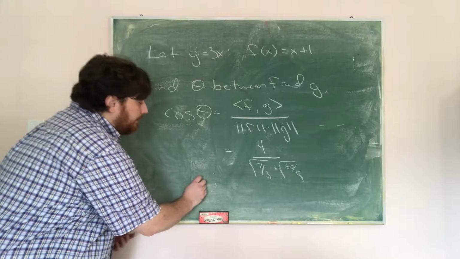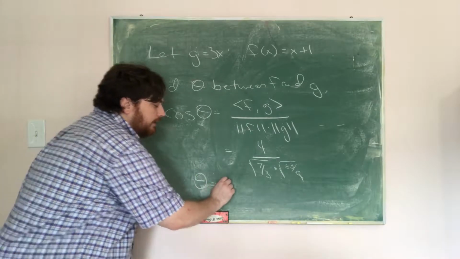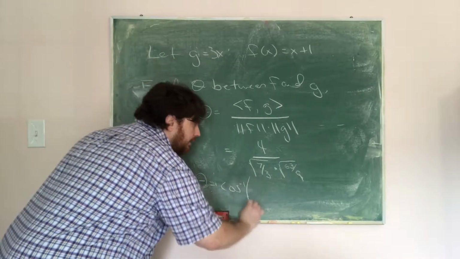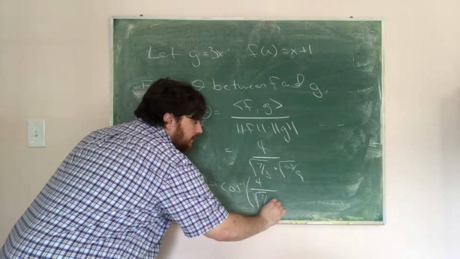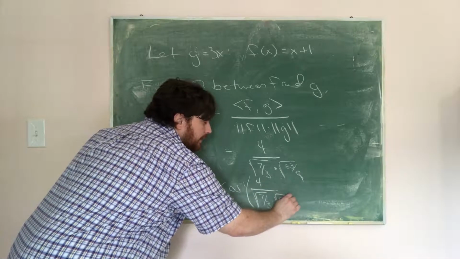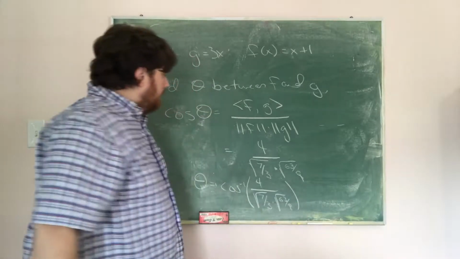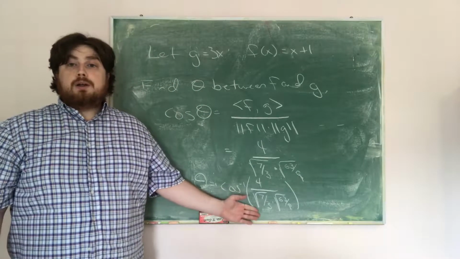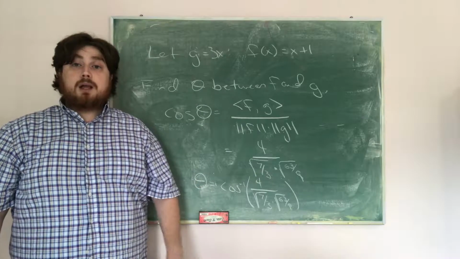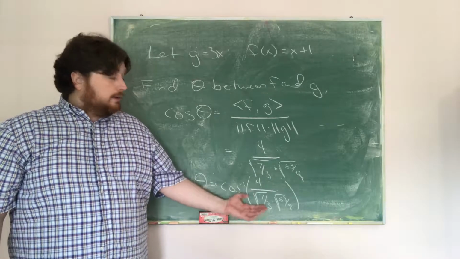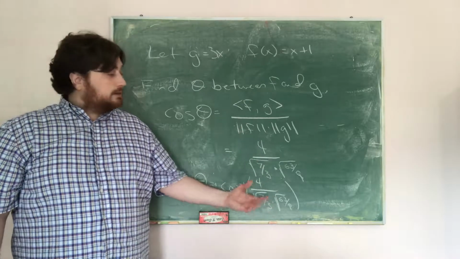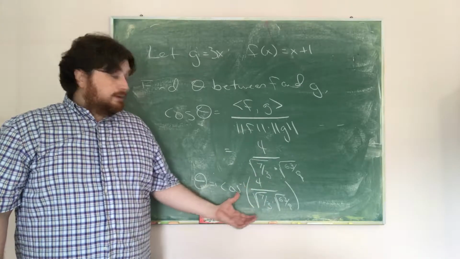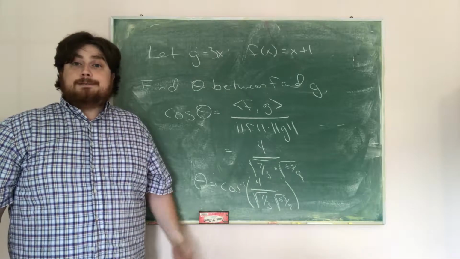Now, since I wanted to find theta, I'm just going to say theta is the inverse cosine of 4 over the square root of 7/3 times the square root of 63 over 9. And so my angle is just going to be the arc cosine of this value. Now, I can simplify this, and it does actually simplify fairly nicely, but I don't have to because that is my answer. I know that that is a correct answer, and that gives me my angle.